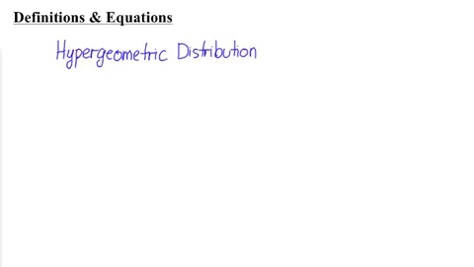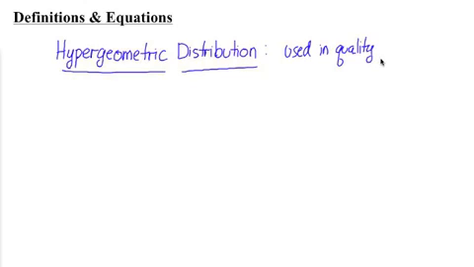Manufacturers often use hypergeometric distributions in their quality control sampling. For instance, if you have a production line that's producing widgets, a quality control engineer will sample a certain number of those widgets every day, and he'll look for defects in those widgets.